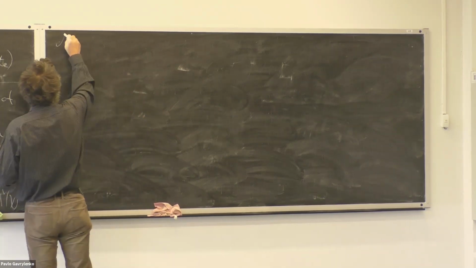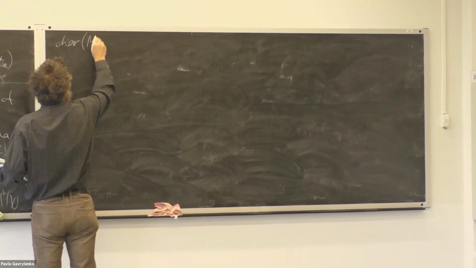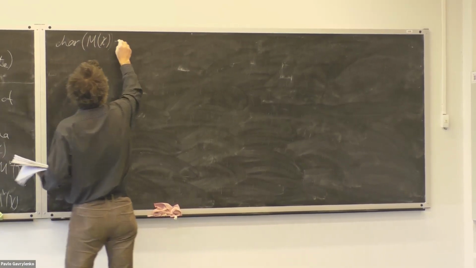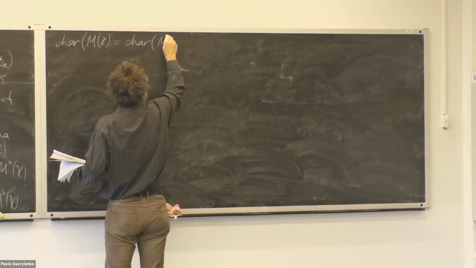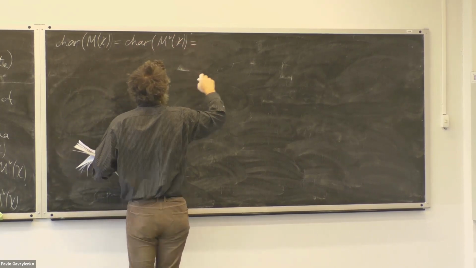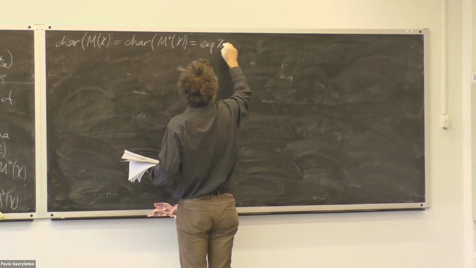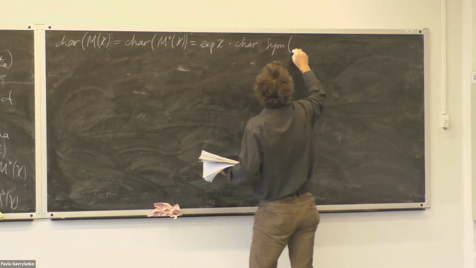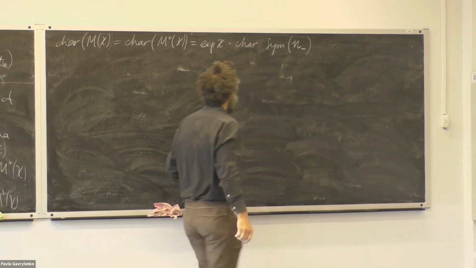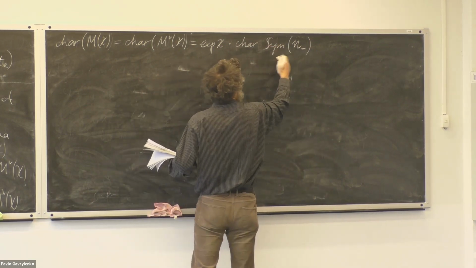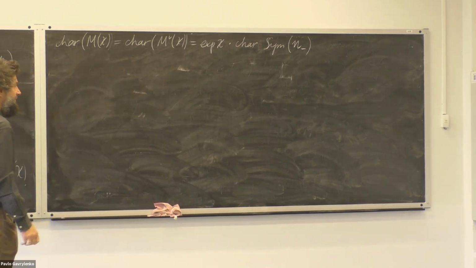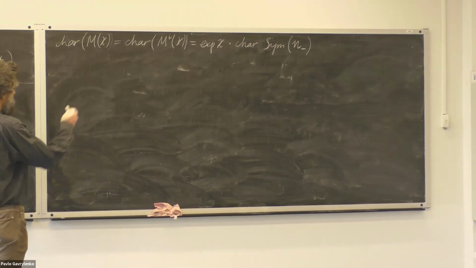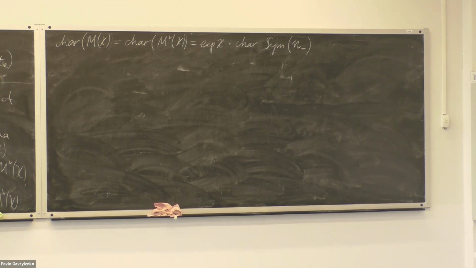So the character of M of chi, which is equal to the character of the dual Verma module, is equal to e to the power chi times the character of the symmetric algebra of the negative nilpotent subalgebra, and this is some product over negative roots. Okay, so this is well known, but the character of the irreducible quotient is something very mysterious.